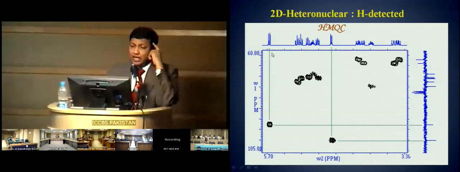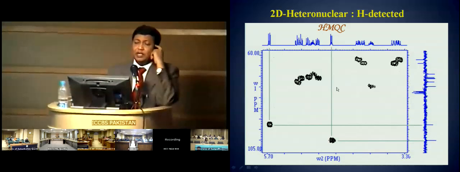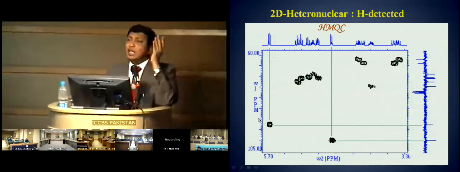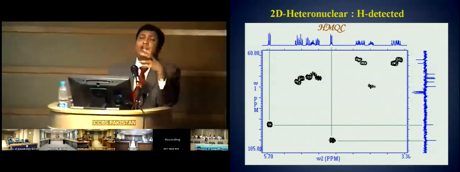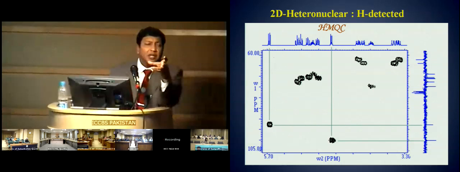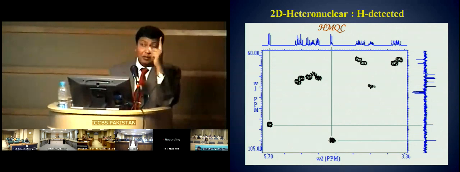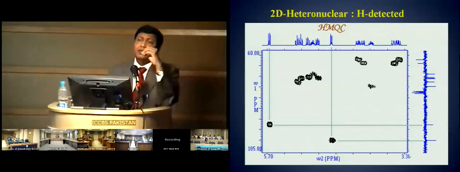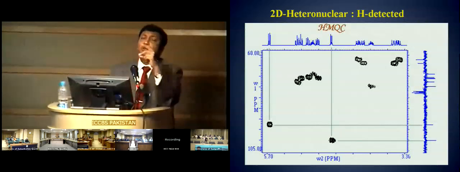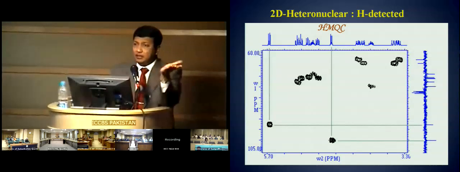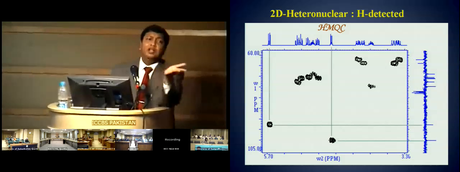So all of this overlapping is spread over the tremendous large scale selectivity which you gain when you do a C13 NMR spectroscopy, 0 to 220. 2 things. Number 1, you use the sensitivity of proton to detect carbon. Number 2, you spread these protons on the scale of carbon, and therefore you avoid the overlapping.